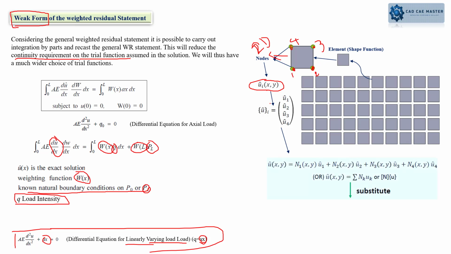Now if you would like to form an equation, you can write it down like this, N1 and so on. In short, you can just add the summation of Ni ui.